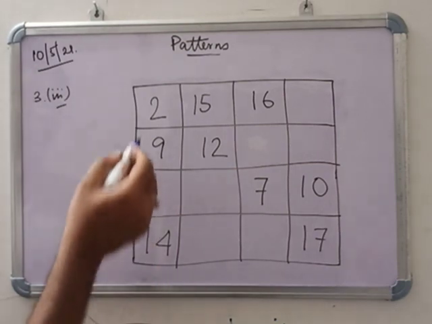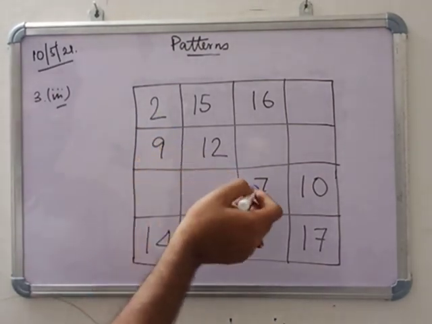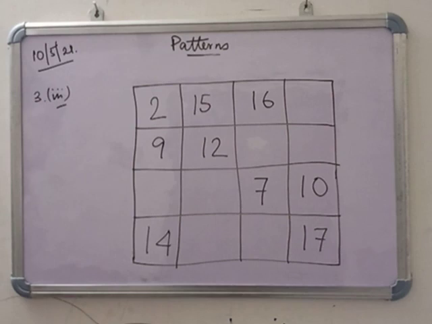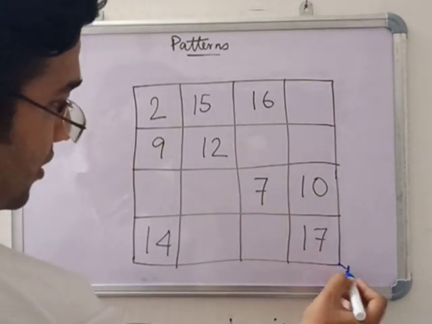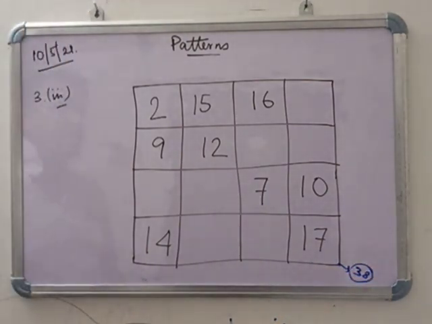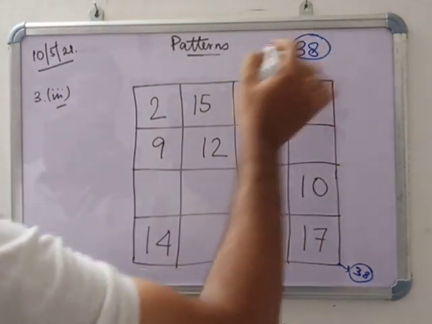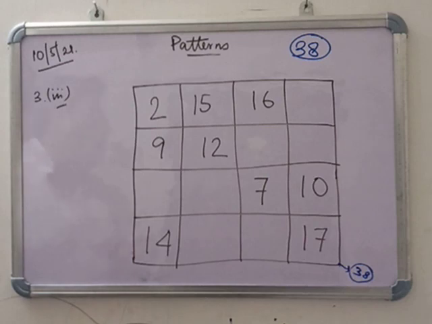See that? 12 plus 2 plus 12, 14. 14 plus 7, 21. 21 plus 17, this is 38. So diagonally it is 38. That means you have to create the addition 38 for all rows, all columns and all diagonals.